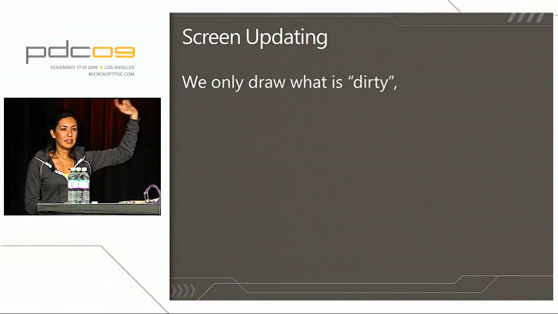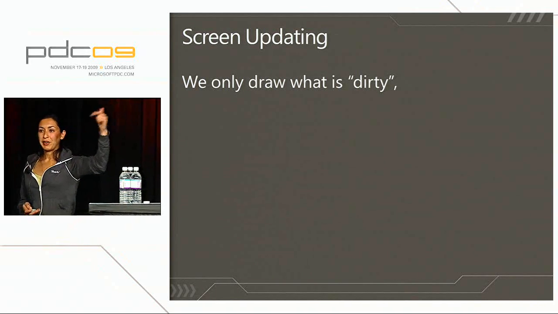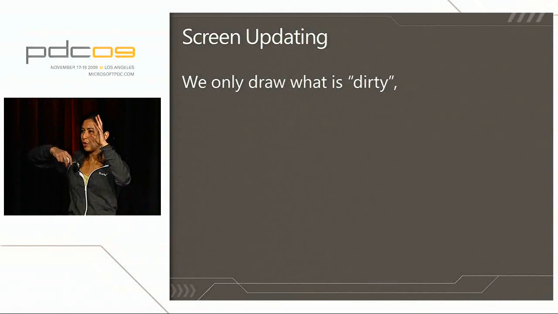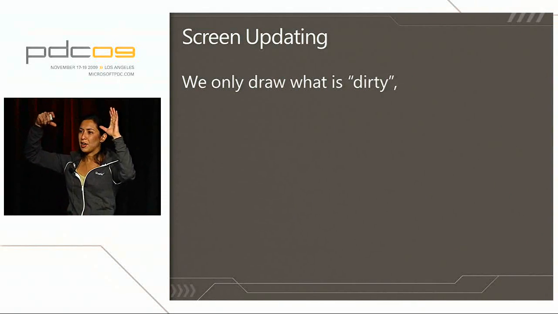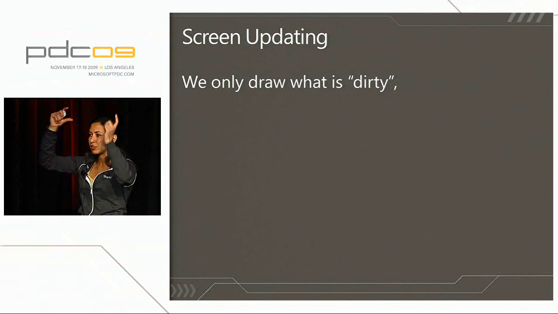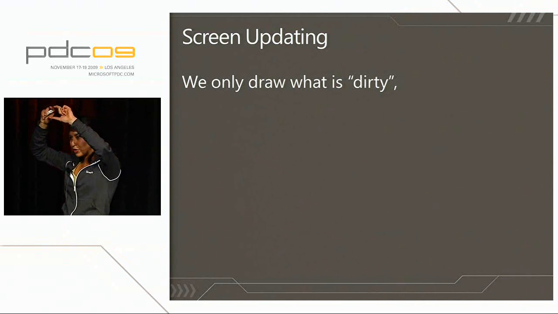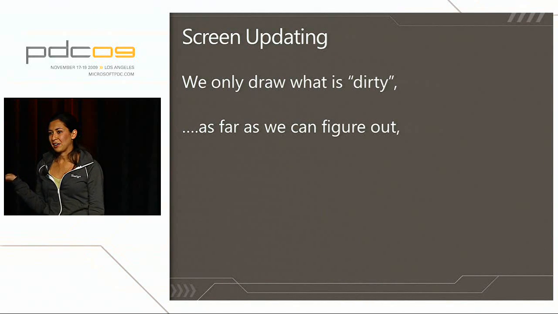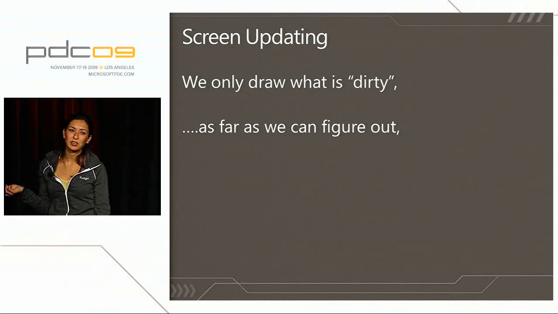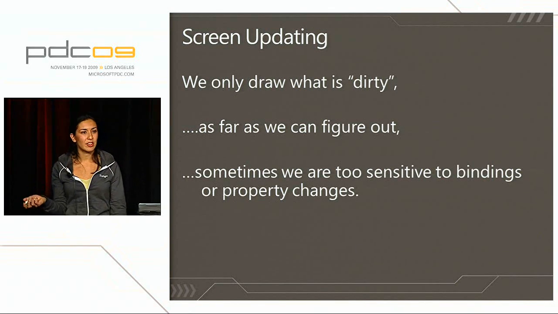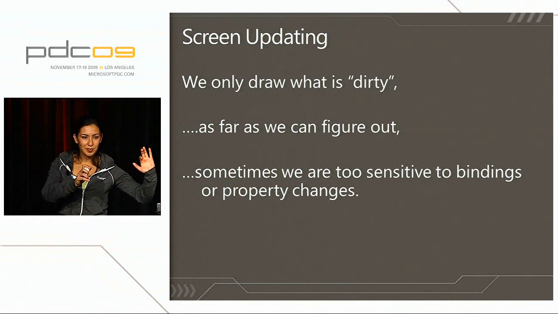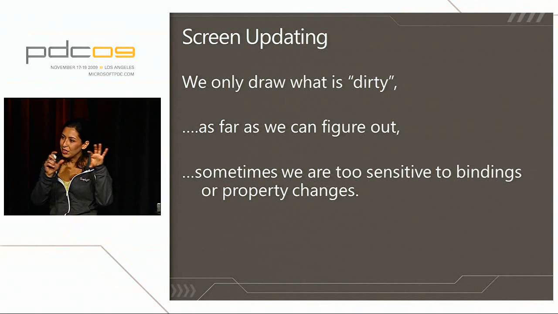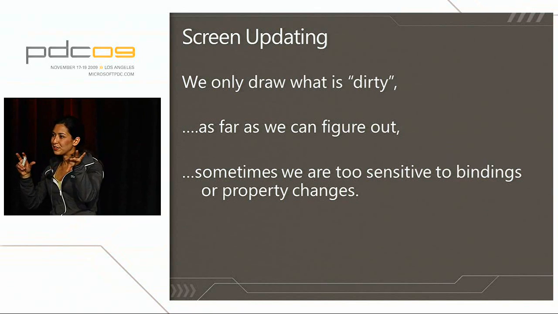The reason why is because Silverlight only draws where it is dirty, right? So let's say you have a tax form with 100 different text blocks and only one changes, you should only redraw that little square. But we do this as far as we can figure out, and sometimes we get it a little wrong. So if you have something like a physics engine changing things on a granular basis, sometimes you'll see things with gestures, and they'll slowly dissipate out the effect.